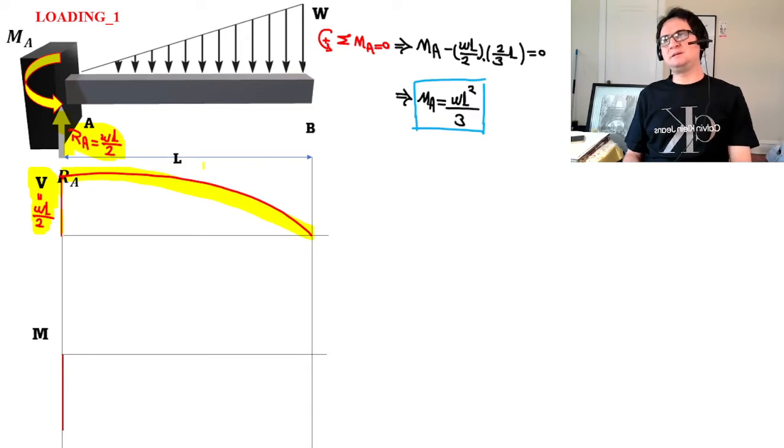as the numeric value of load is increasing from A to B, the slope of shear should increase.